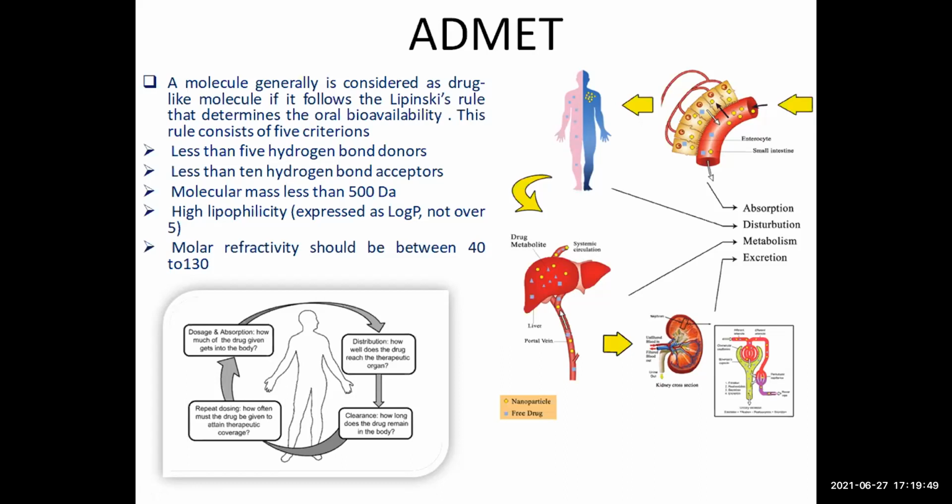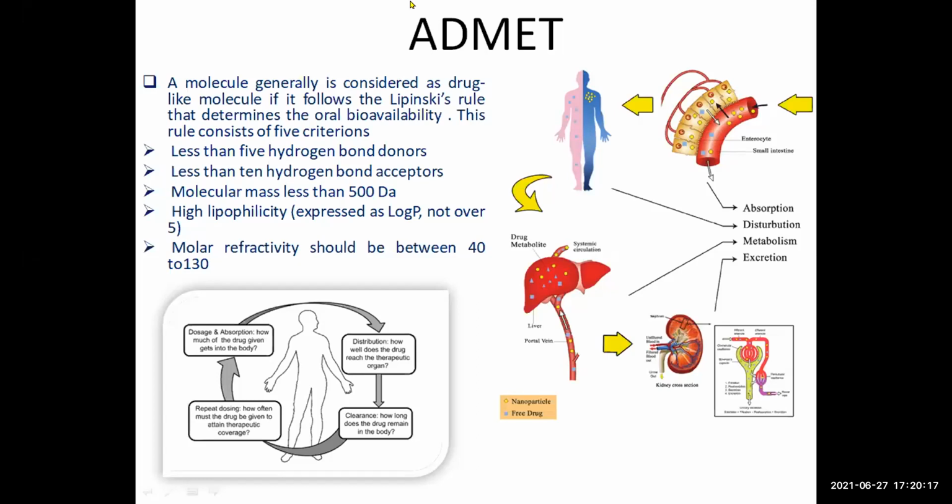What we exactly do in this process is that anybody can do this procedure by comparing the criteria of Lipinski's rule of 5, where any ligand molecule should follow these 5 criteria. Then this ligand molecule can be considered a drug-like molecule.